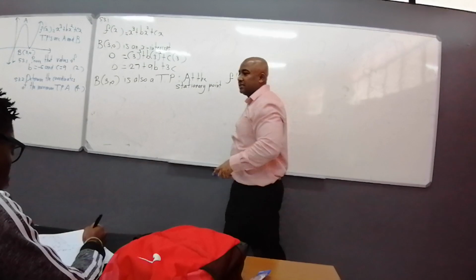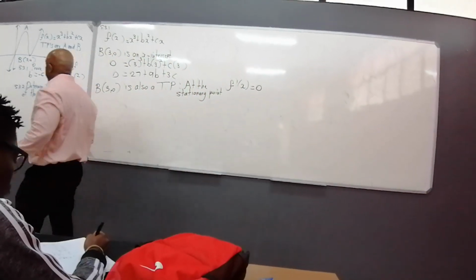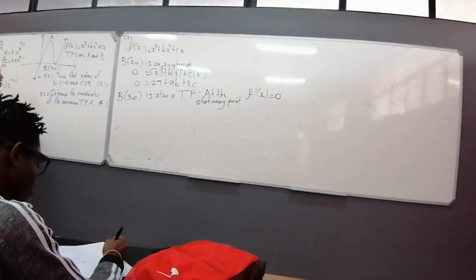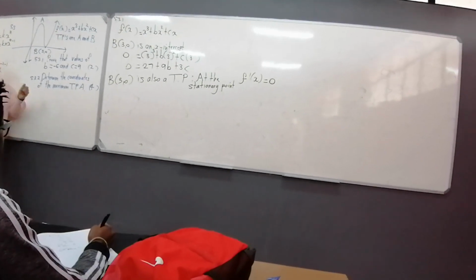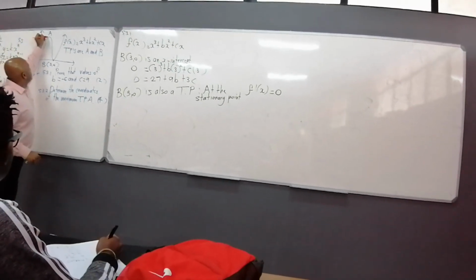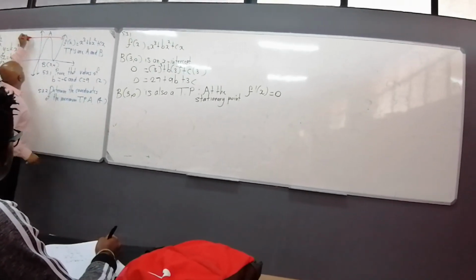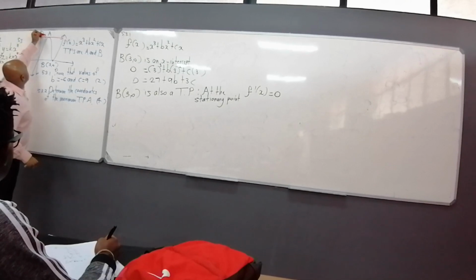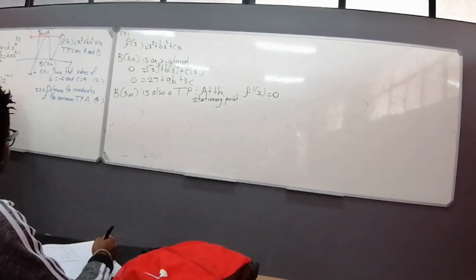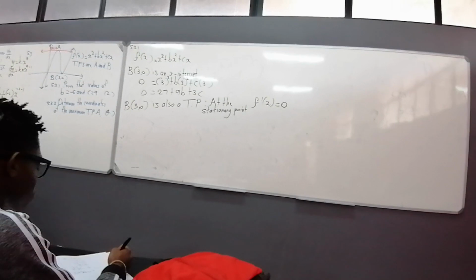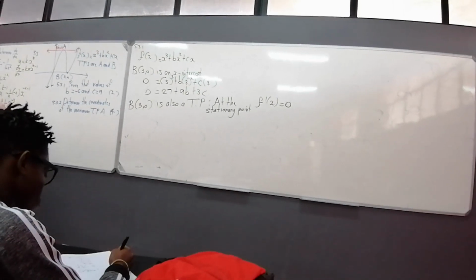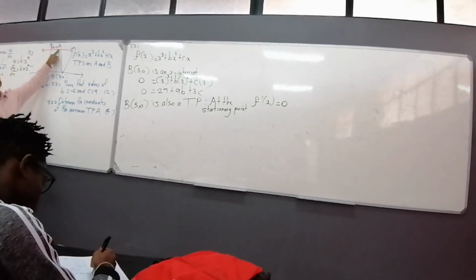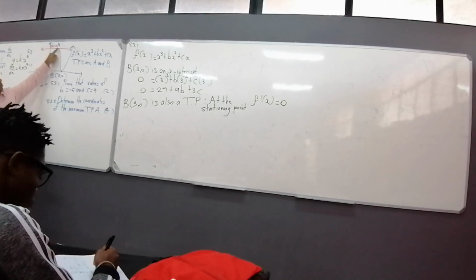Okay, what does that mean now in the picture? That means if you draw a tangent here, the gradient is going to equal 0. The gradient of the tangent is going to equal 0 because the y values are the same.